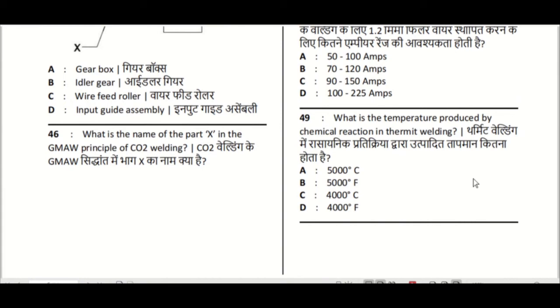What is the temperature produced by chemical reaction in thermit welding? Temperature produced in thermit welding process will be around 2500 degrees Celsius to 2700 degrees Celsius. That means around 5000 degree Fahrenheit.